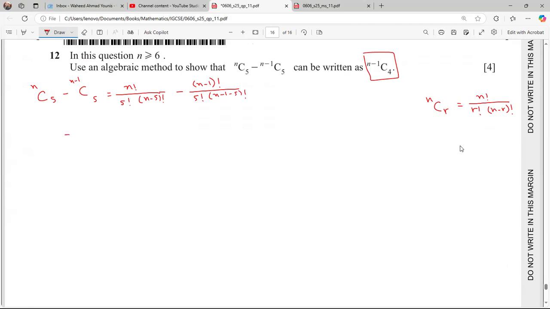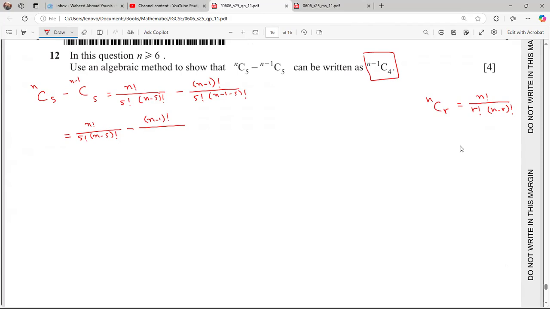Let us simplify it a little bit. It is n factorial divided by 5 factorial and (n minus 5) factorial, minus (n minus 1) factorial divided by, so this is (n minus 6) factorial.